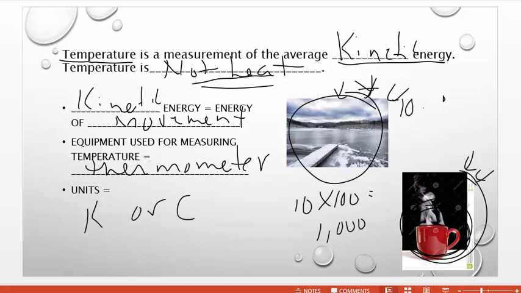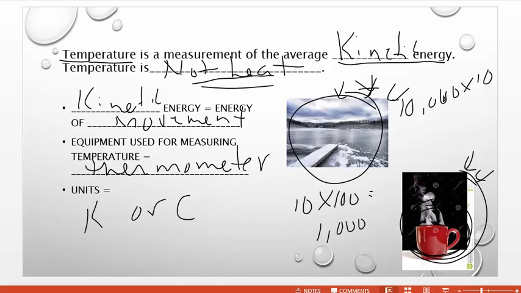Then it would be 10,000 molecules of the water. And we know it's really cold, its temperature is low, so let's just say each one of those 10,000 molecules only has an average of 10.